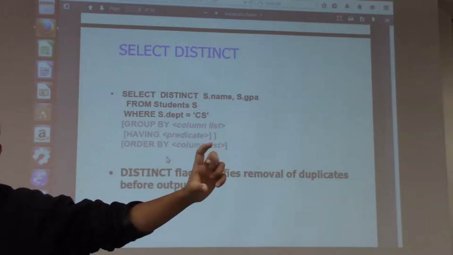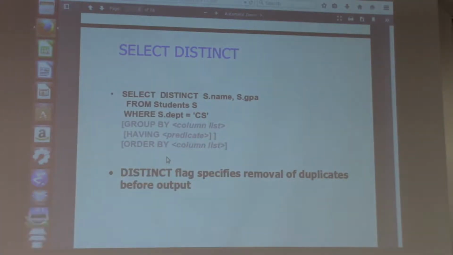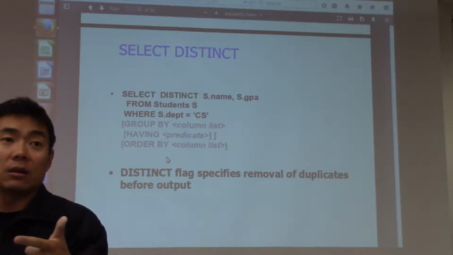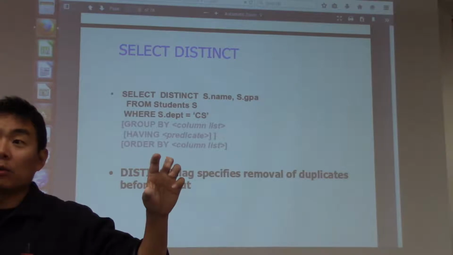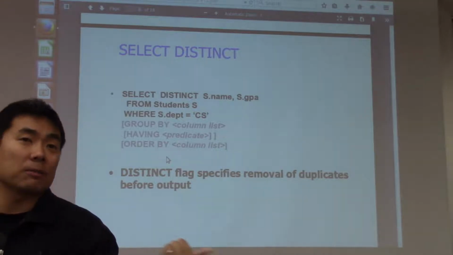You buffer them, and at the end of the day, when you have finished scanning the table or finished scanning your index, you have a buffer of all the possible results satisfying the where condition. And then you can either do sorting or hashing on those inputs in the buffer to remove duplicates. You follow me? And we talked about this, I believe, at the beginning of the semester, right?